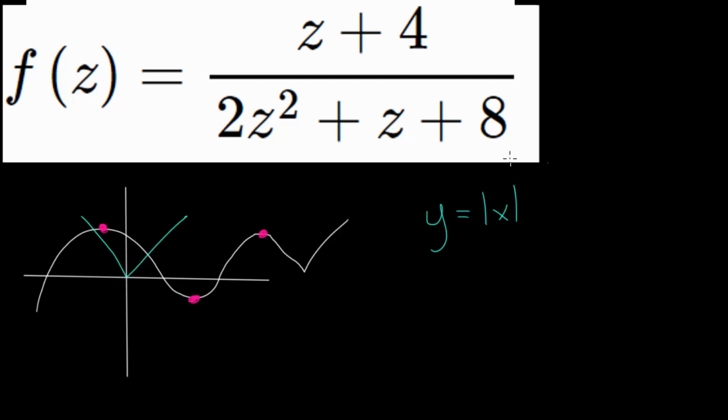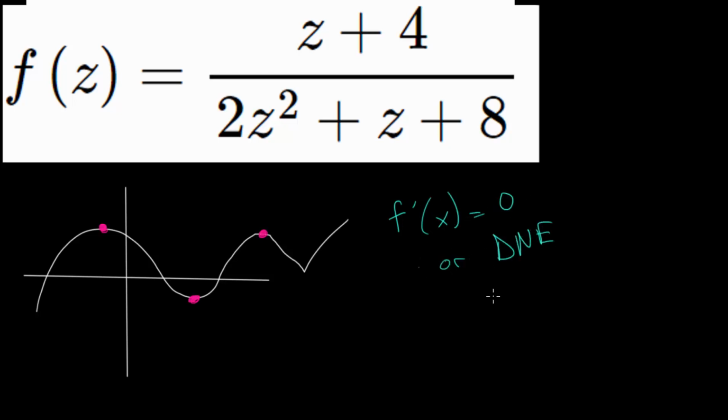This function exists at the origin, but its derivative does not exist there. The overall definition of a critical point is that it's a point where the function exists and the derivative at that point is either equal to 0 or it doesn't exist. It's not defined there. But the function has to exist there for it to be a critical point.